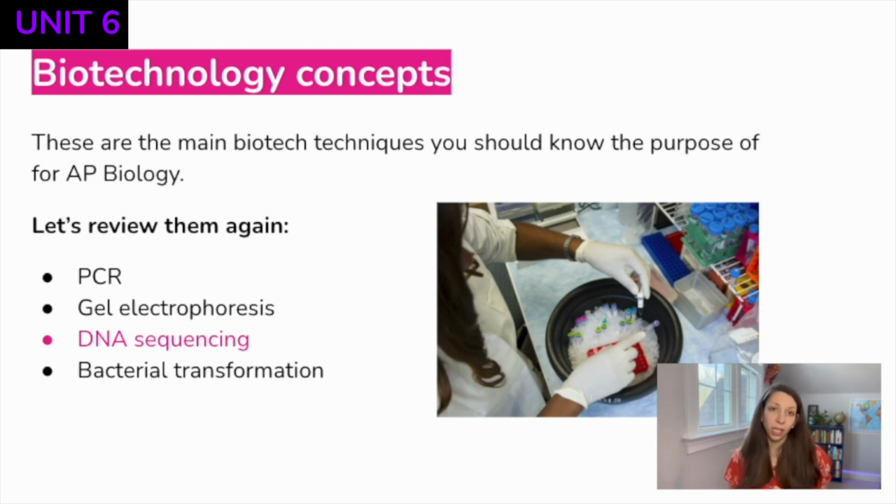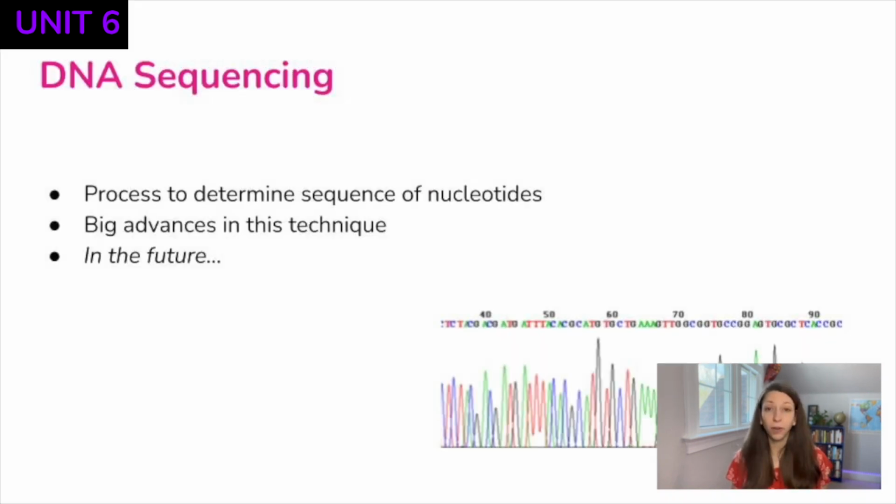Now we're going to focus mostly on PCR, gel electrophoresis, and genetic transformation today, because DNA sequencing is not covered very frequently on the exam, and it's changed so much from the days of Sanger sequencing all the way up to next-gen sequencing, which a lot of scientists use now, that you really don't need to get into the details of this for AP Bio. Basically, what you need to know about DNA sequencing is that it's the process of determining which nucleotides come in which order in a sample of DNA.